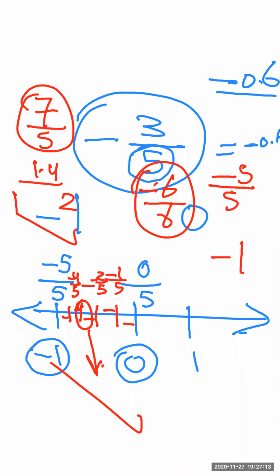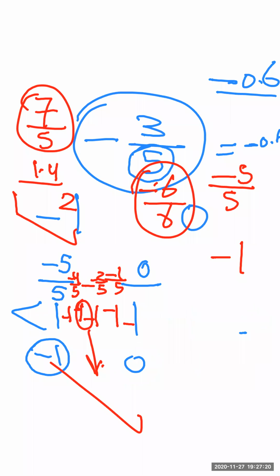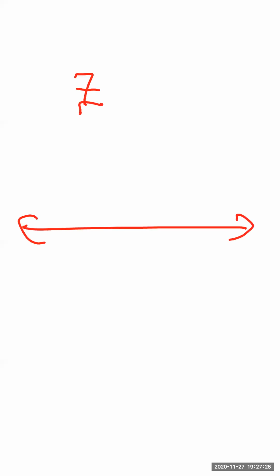I'm asking because we are going to make the numbers with the denominator 5. Yes, so if it's 7 over 5, let me clear the board. If it's 7 over 5, this means 1.4, so between 1 and 2. This is 0, this is 1, this is 2.